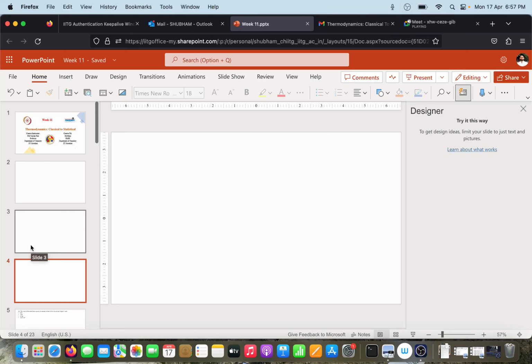Just multiply it: 4 into 75 into 50. This is 15,000 joule, that is equal to 15 kilojoule.